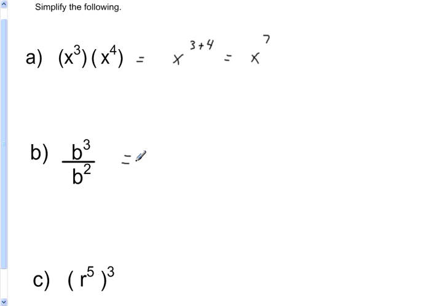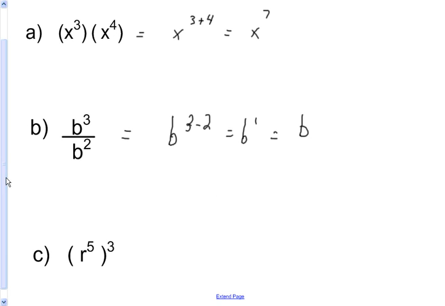Same thing here. The base in both of these powers is b, so we subtract the exponents. b to the 3 minus 2 becomes b^1, which again we only write as b, because the implied exponent is 1 if nothing is written.